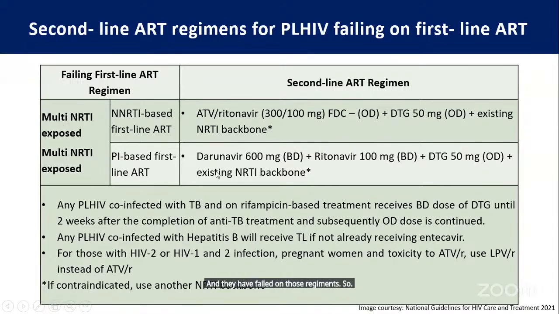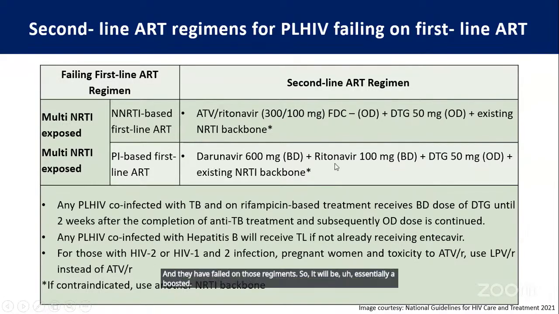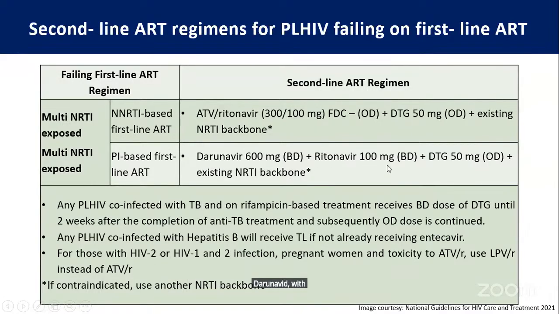So it will be essentially a boosted darunavir with higher dose 600, ritonavir 100 BD, and DTG 50 mg OD. And the existing NRTI backbone, if it is tolerated, can be continued. But if it is showing side effects, then you can recycle the older ones.